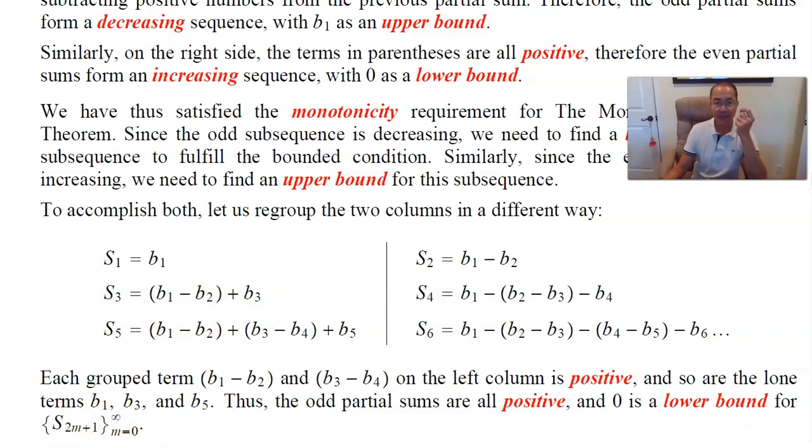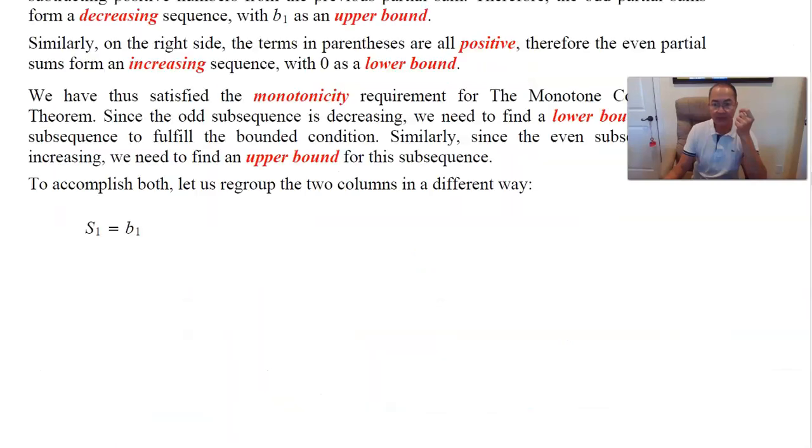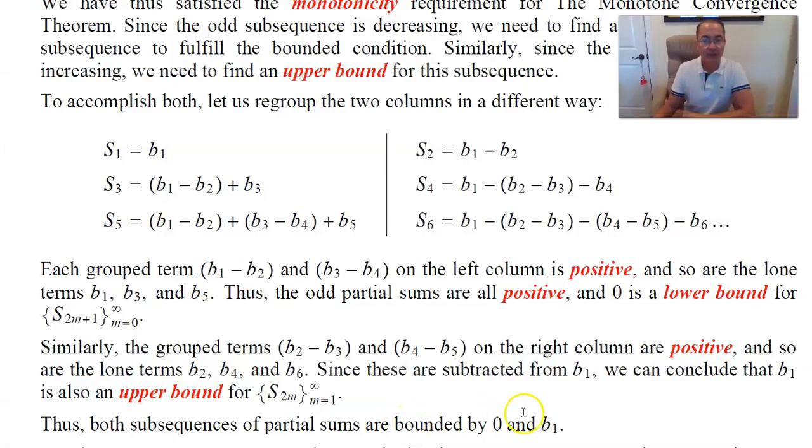But on the other hand, for the even partial sums, excusez-moi, sorry about that, I summoned Adobe on the internet. Here we go. So what we're saying about the even partial sums. From B1, we are subtracting B2, and then from B1, we're subtracting this positive number, B2 minus B3, and then we're subtracting another positive number. Keep going.